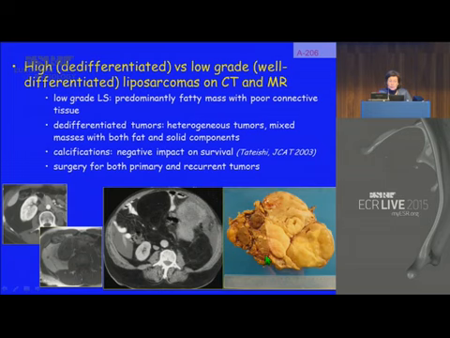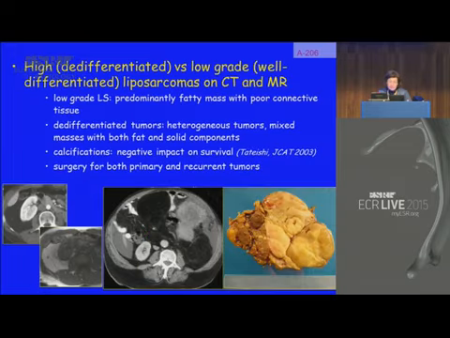It's also important to differentiate a high from a low-grade liposarcoma. Low-grade liposarcomas are predominantly fatty masses with poor connective tissue, while high-grade liposarcomas are heterogeneous tumors with fatty areas but also solid components. As you can see here, the solid component and the mainly fatty component with septa that enhance.